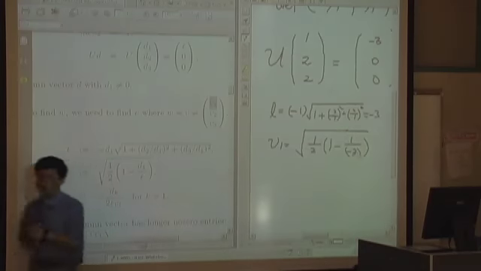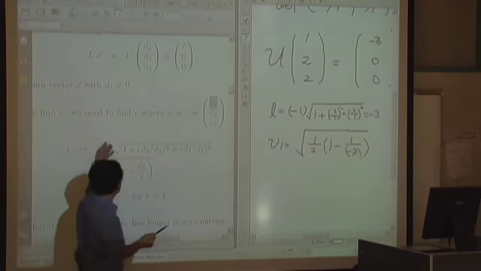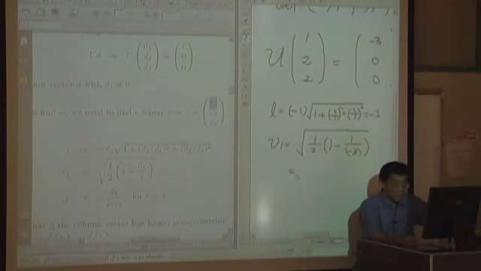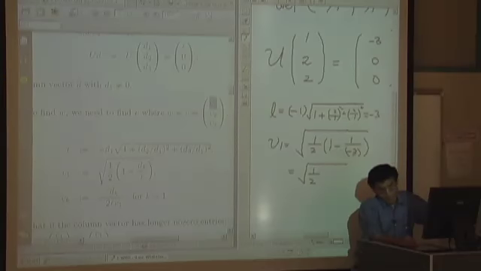I'm just following the formula, right? I don't do any fancy things, I follow the formula. Then, as you can see, square root of 1/2, and then 1, and it becomes plus 1 1/3, the total 4/3. So it is equal to 2/3, square root of 2/3.